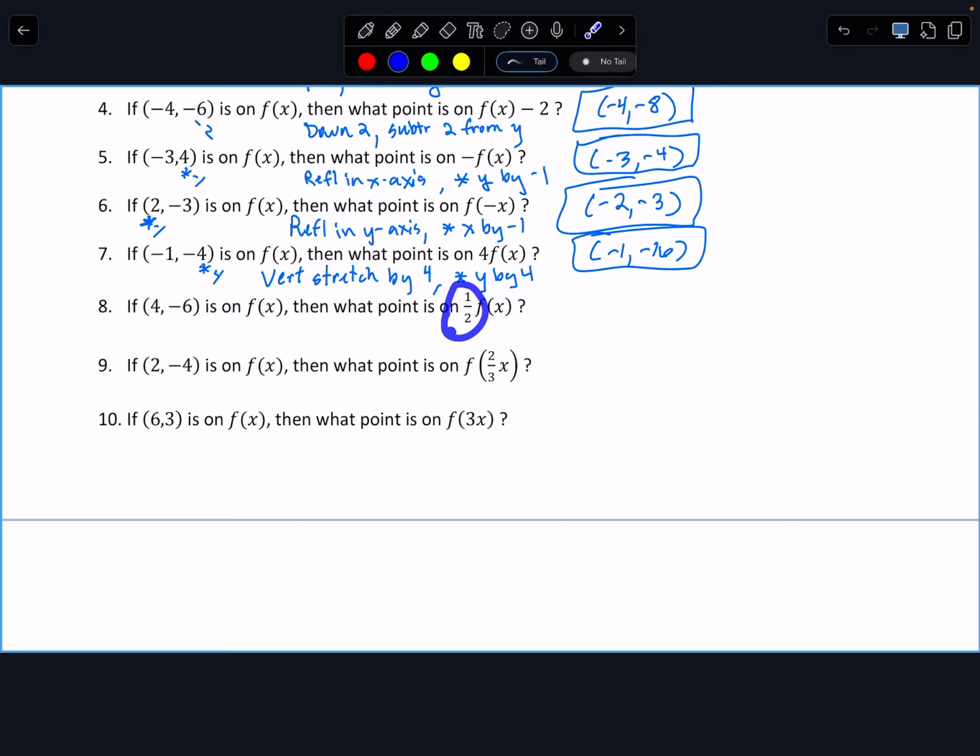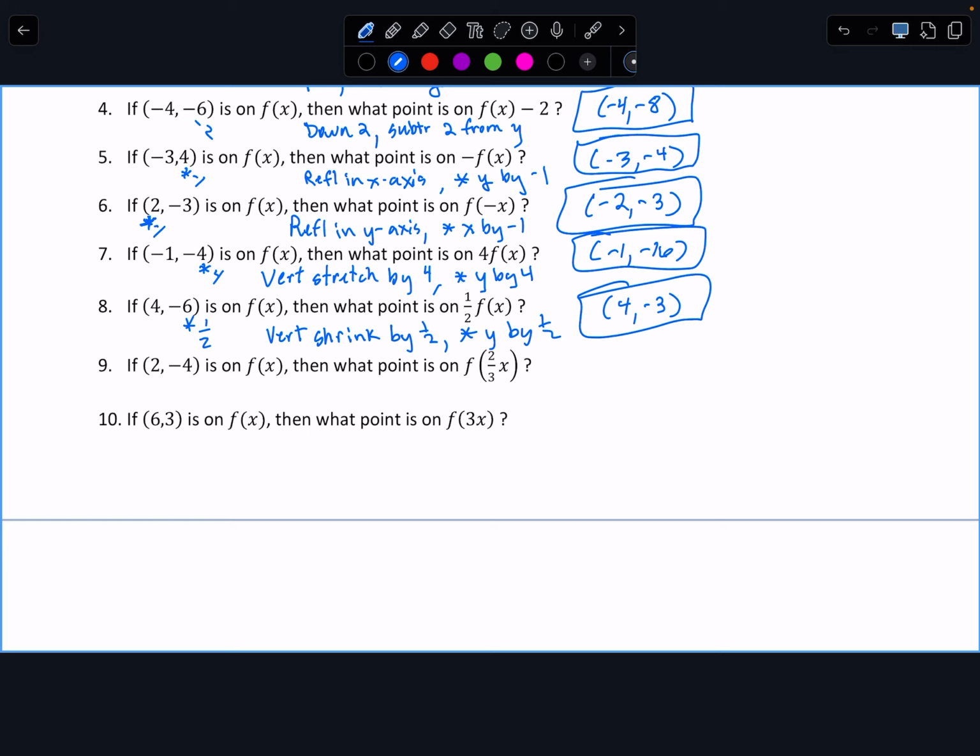When that a value is between 0 and 1, it's a vertical shrink. So you get a vertical shrink by 1/2. And that means you need to multiply y by 1/2. And so half of negative 6 is negative 3. And that's where that point goes.